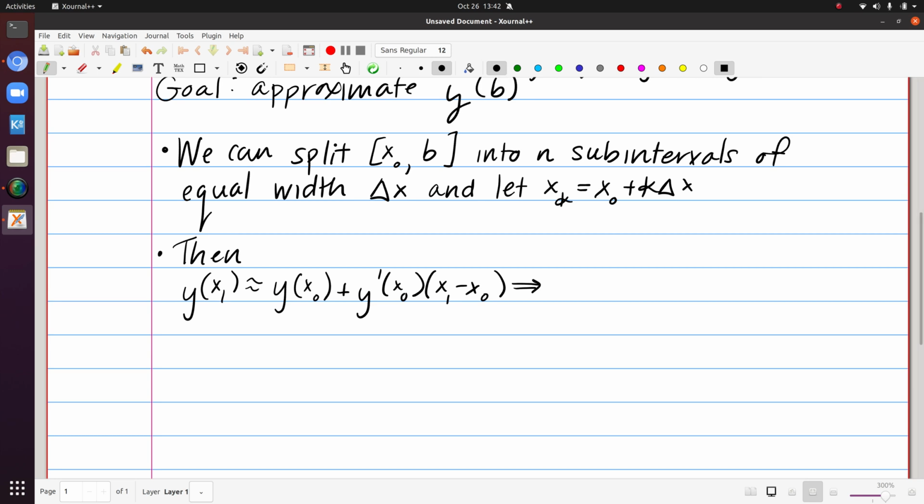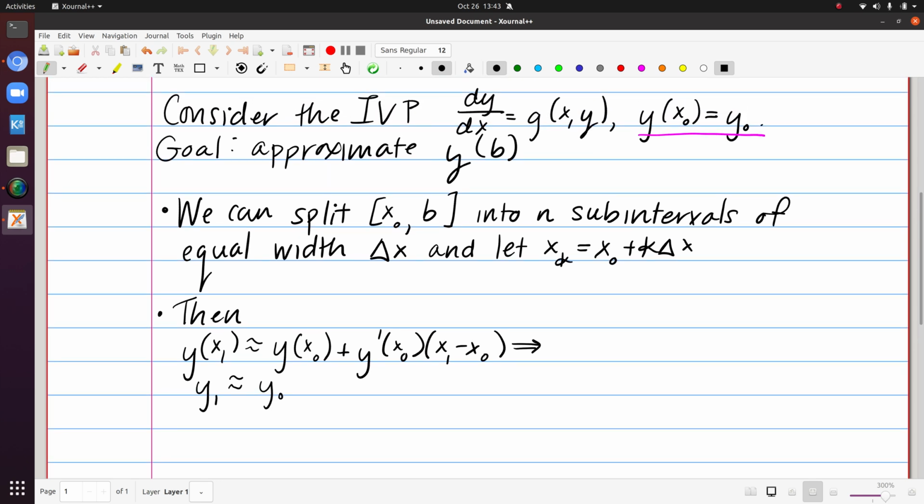Same thing here, y of x1, let's just call that y1. And then we're saying that that is approximately equal to y0, the derivative of y at x0, which, again, looking at our given differential equation, I can call g of x naught, y naught.